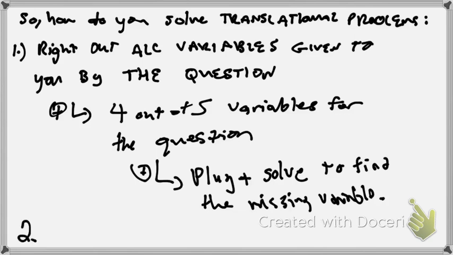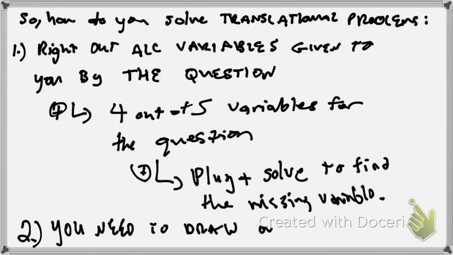The second thing you need to do is you need to draw out a picture, right? Because it's going to help you better understand what's actually happening in the problem.